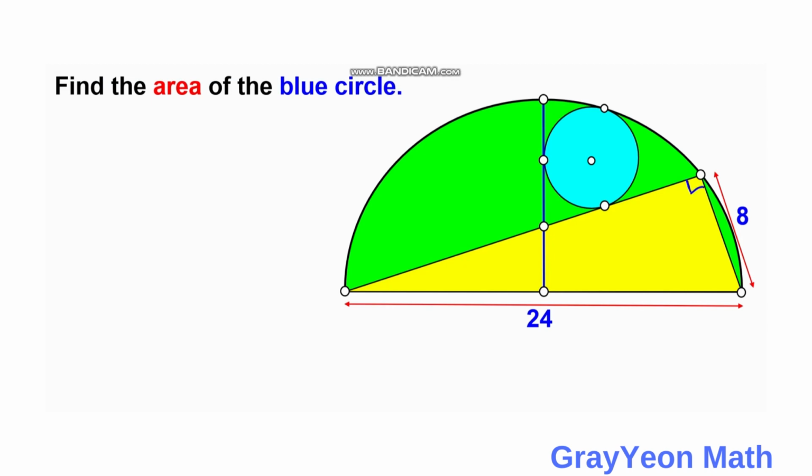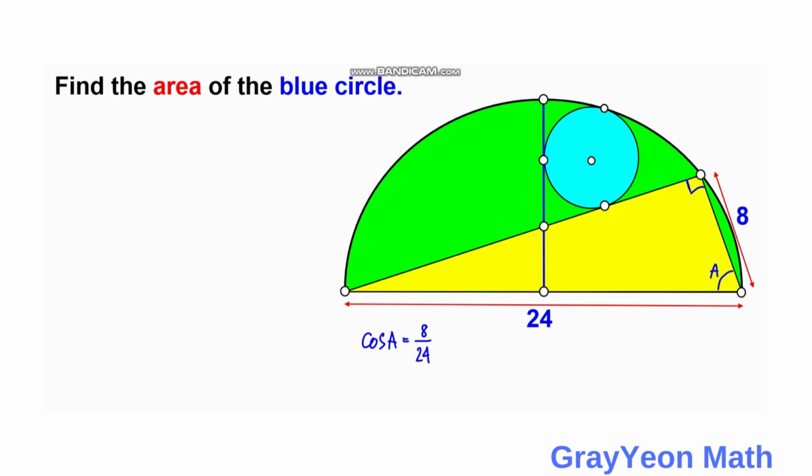So cosine of an angle, let's say the angle is A, is equal to the adjacent side over the hypotenuse, so 8 over 24.